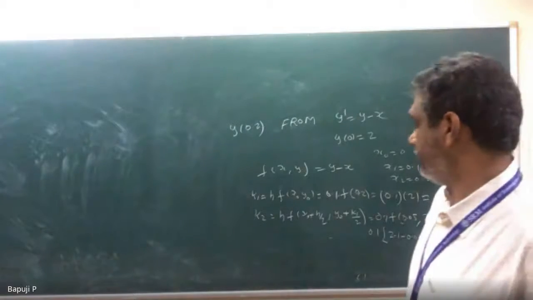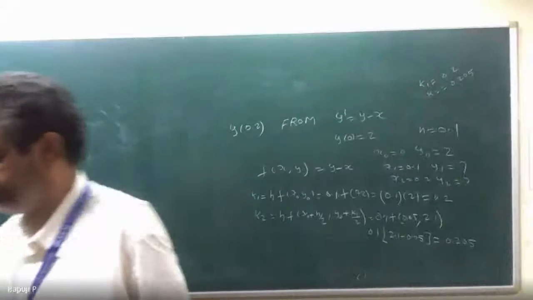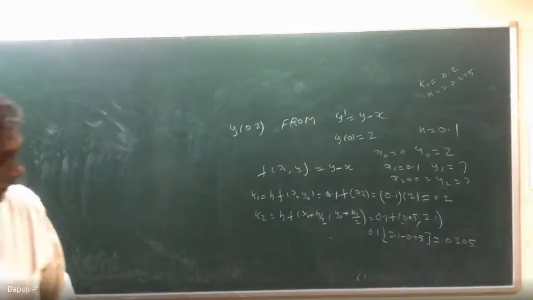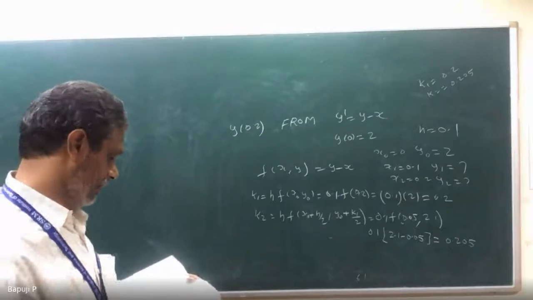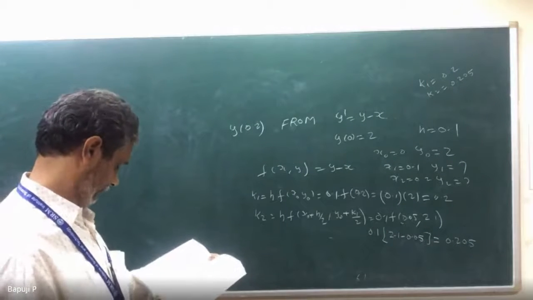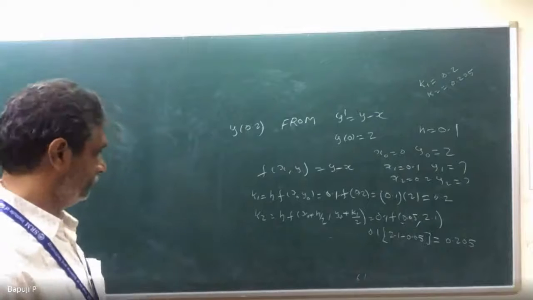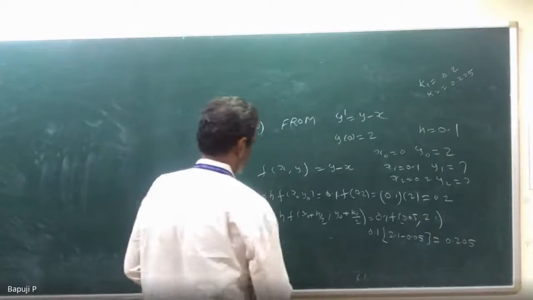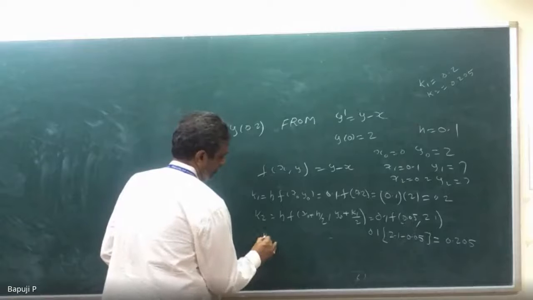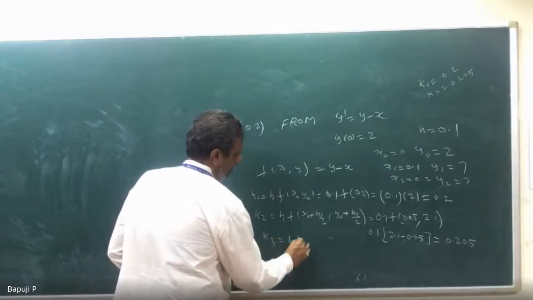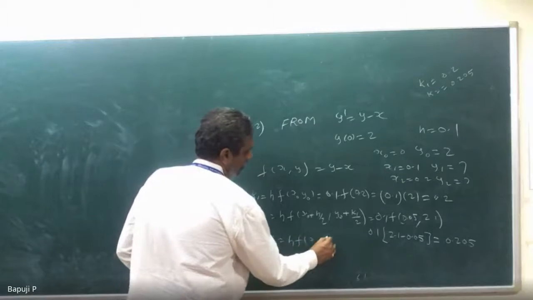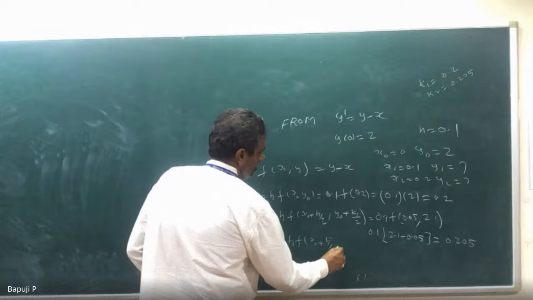Now, what is K3? K3 formula is what? H into f of x naught plus h by 2, comma y naught plus k2 by 2.